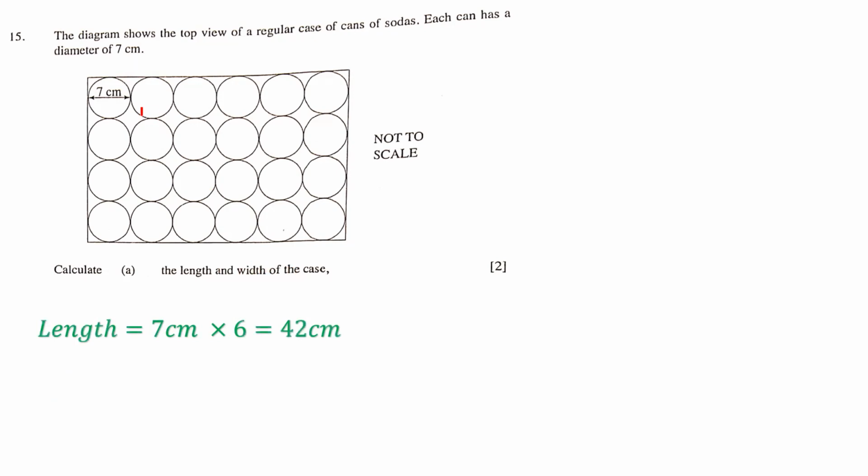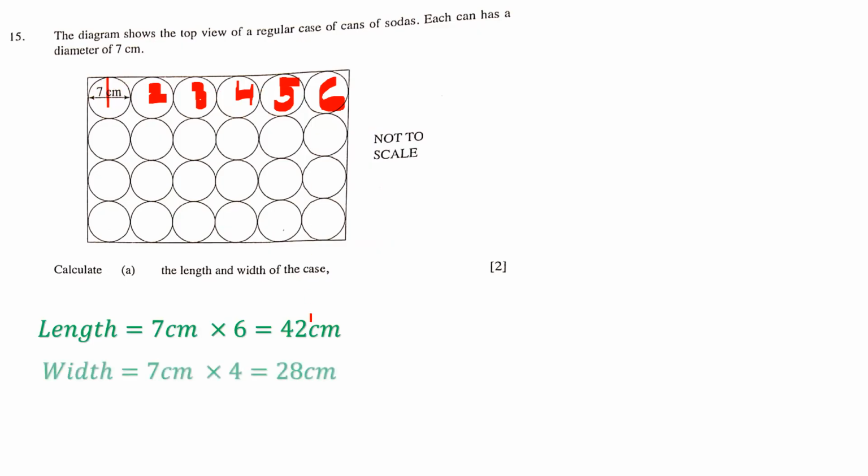Look carefully. This is 1, this is 2, this is 3, this is 4, this is 5, and this is 6. And we know the diameter for each one of these is 7. So from end to end, it's 7 times 6, which is 42 centimeters.